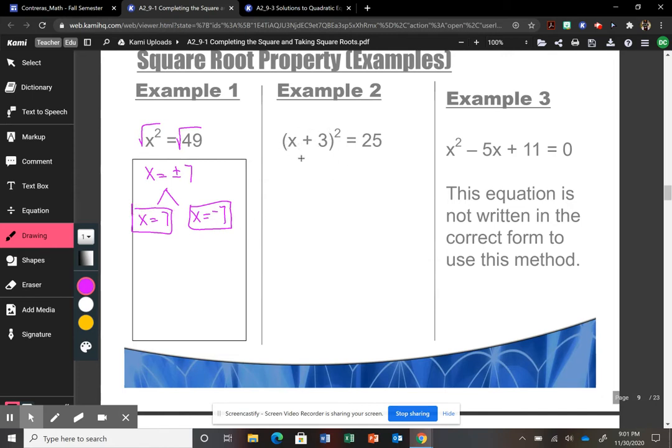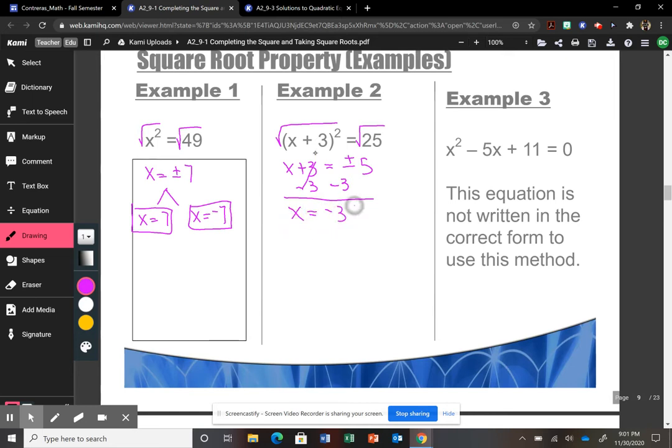Next, here we notice our quantity x plus 3 is squared. Okay, so we have our x squared, but it's just in this quantity, right? It's already isolated, so what I'm going to do is take the square root of both sides. And that means we have x plus 3 is equal to plus or minus 5. Okay, our x is not isolated, so let's get that isolated by subtracting 3 from both sides.